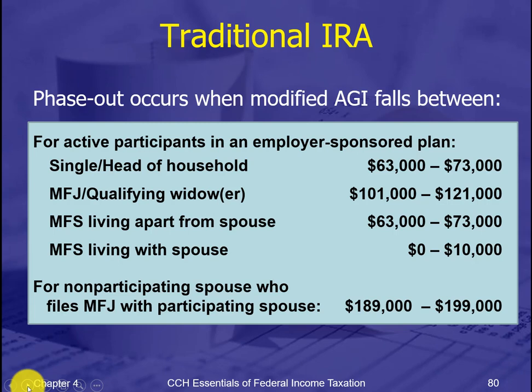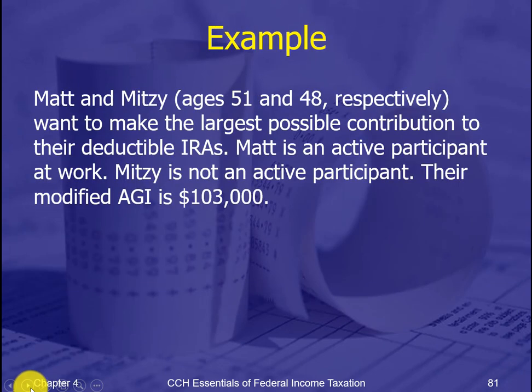If your spouse participates at work, but you do not, you can still make a full IRA contribution up to 189, that phases out and it's gone by 199.